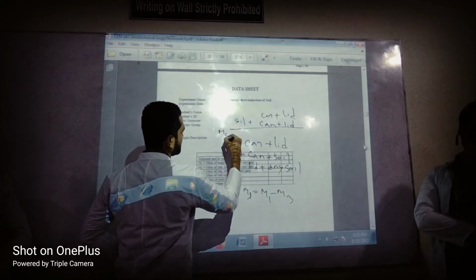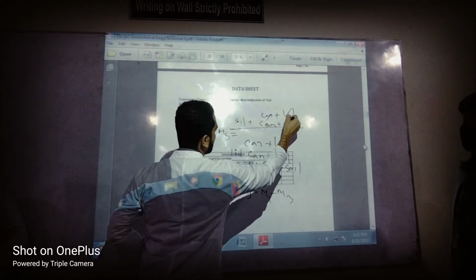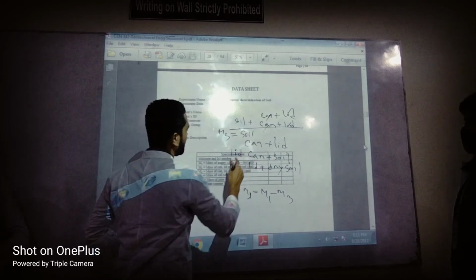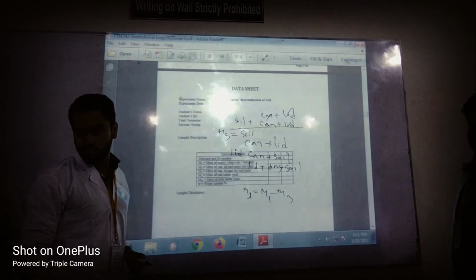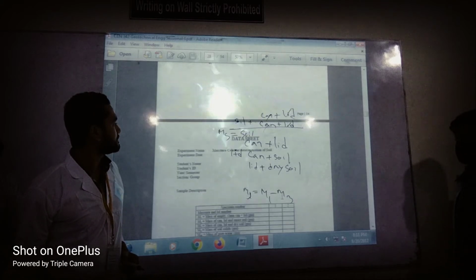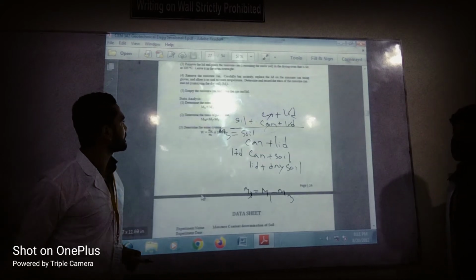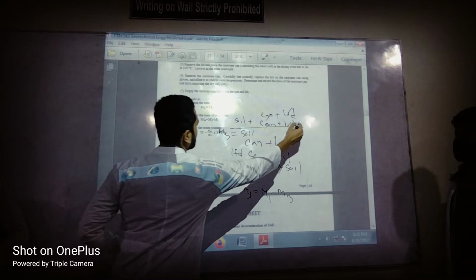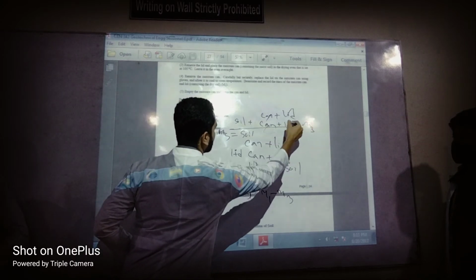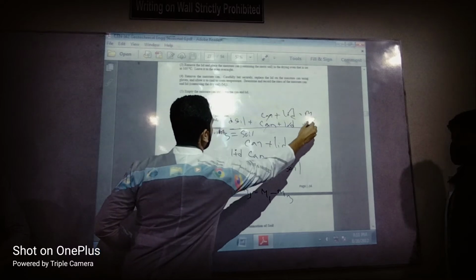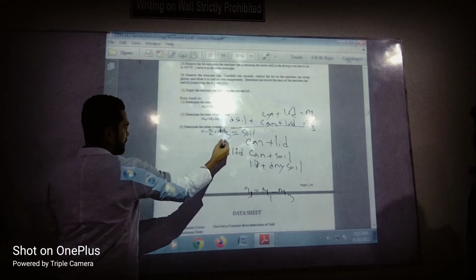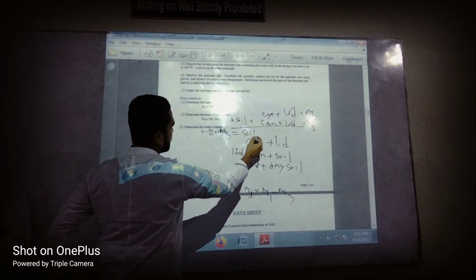Can, lid, and this soil. MS equal to M3 minus M1, that is soil. M3 minus M1 will find MS, the soil.